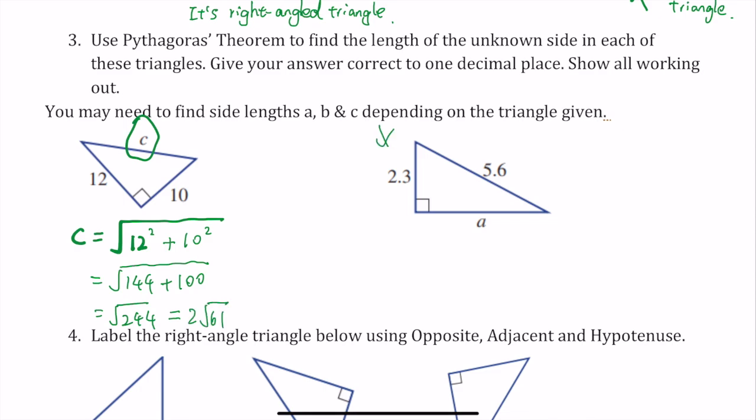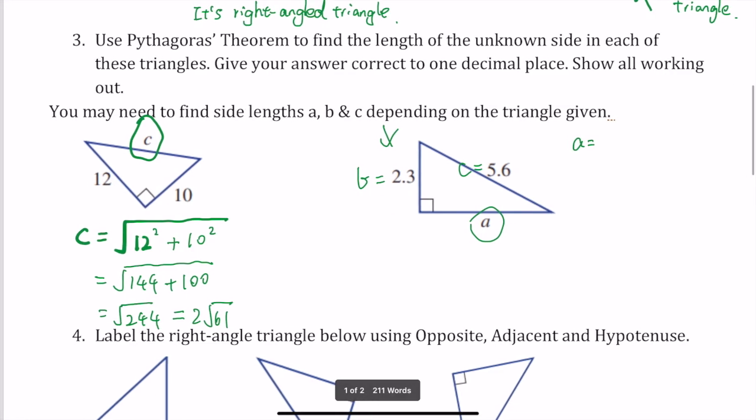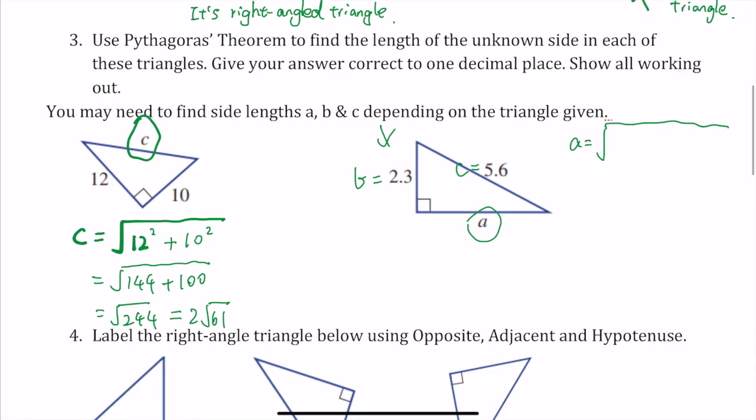Next one. First, you are going to label. So you have A here, then this is B, and this is C. So A equals the square root of C squared minus B squared, because C is the longest side.